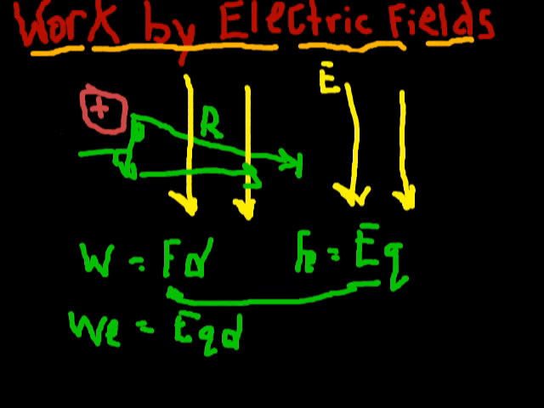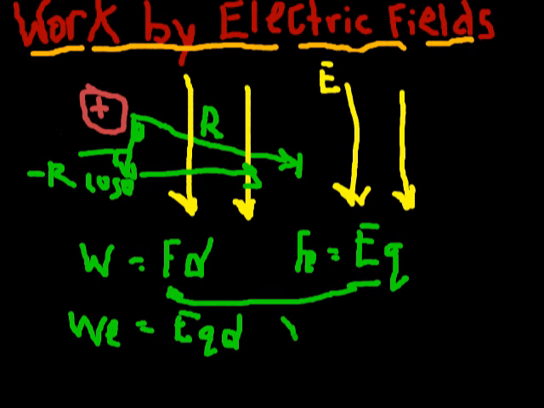The component of the distance that's parallel to the electric field, let's say this is that component, then the work done by the electric field, since it's moving in the direction of the electric field, would be negative.